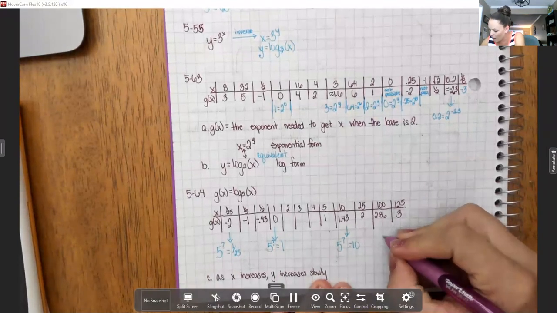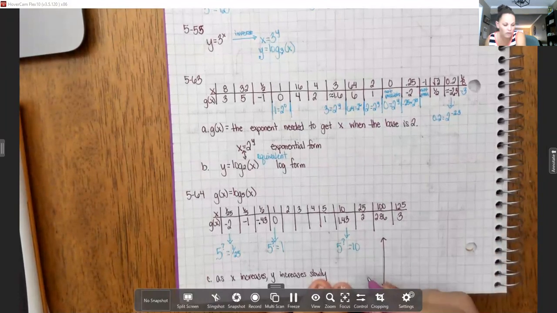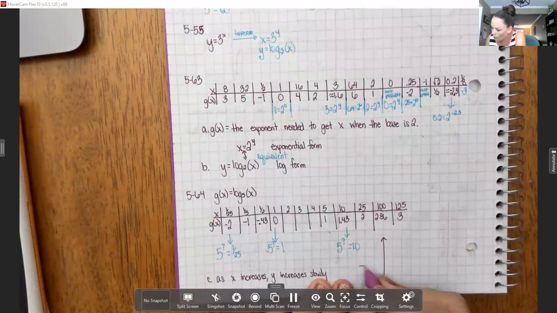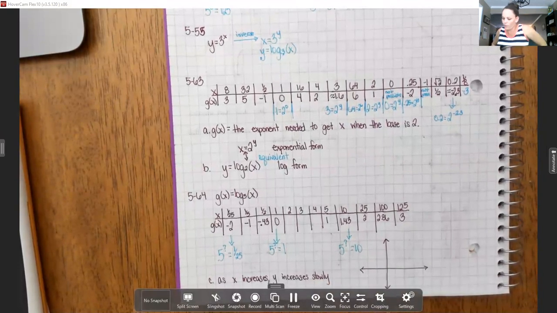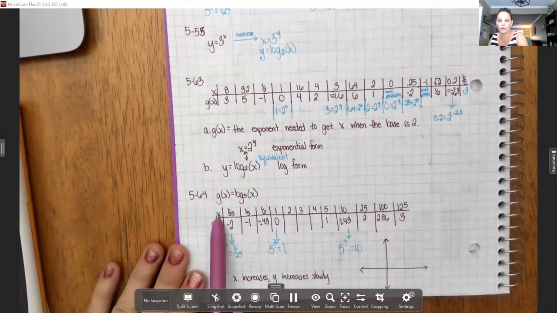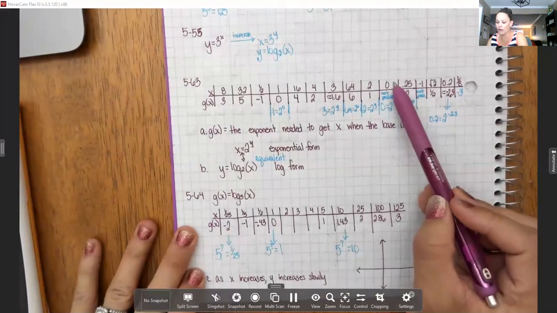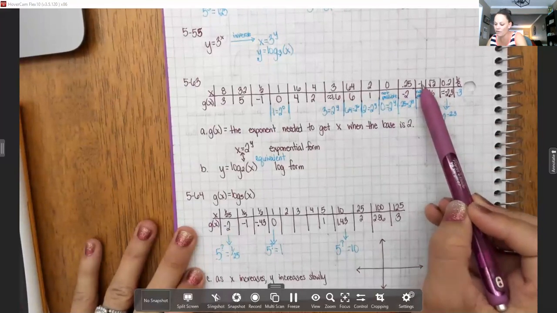And if I think about this graph, x cannot be 0. Just like we saw right here, it's not possible. This one just had a different base. X cannot be negative.